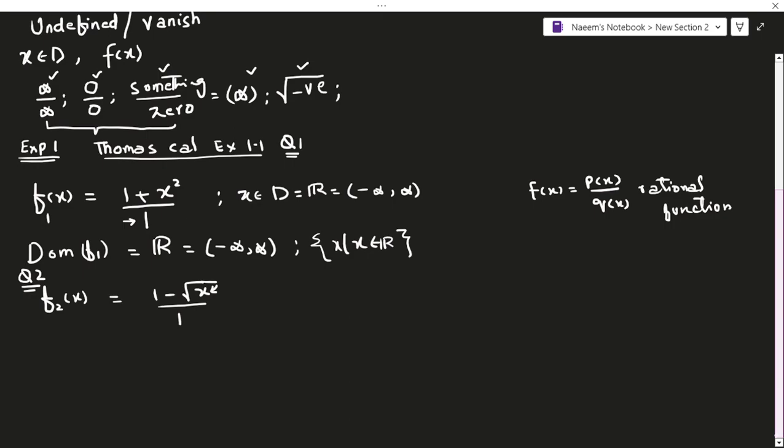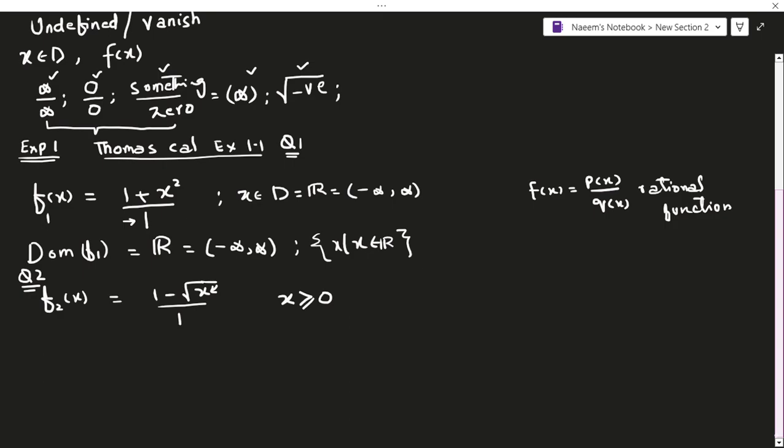Inside the square root is x, and x should not be negative. It can be 0 or positive. So this is a restriction. We cannot plug in anything which becomes negative inside the square root.